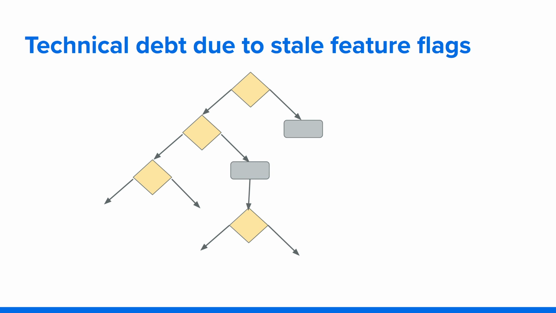Consider the abstraction of some code where the branching is due to feature flags. When a flag becomes stale, this branch can be removed from the code. Not removing that flag and the related code has many drawbacks.